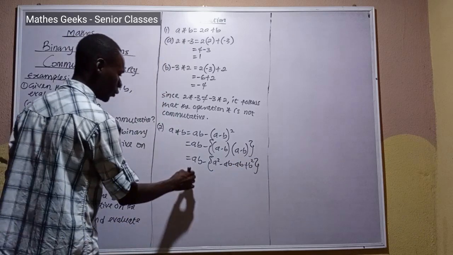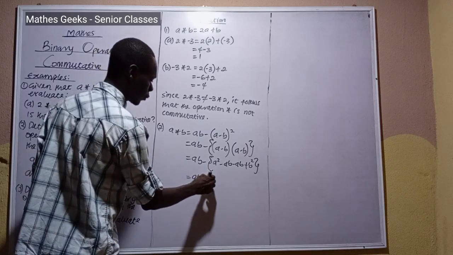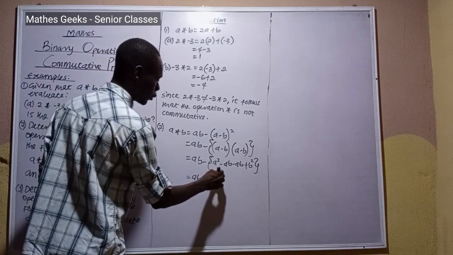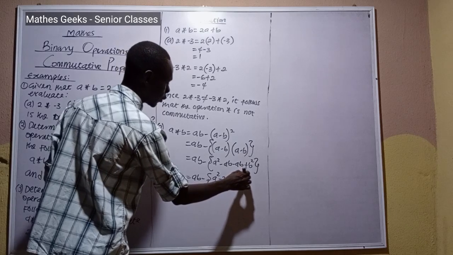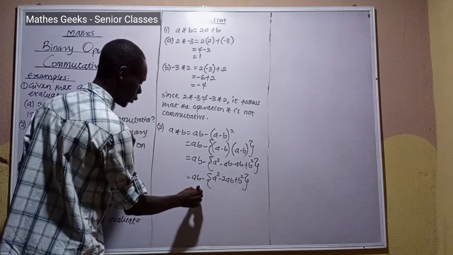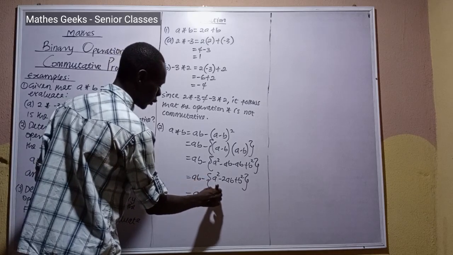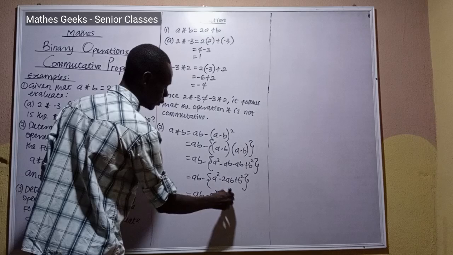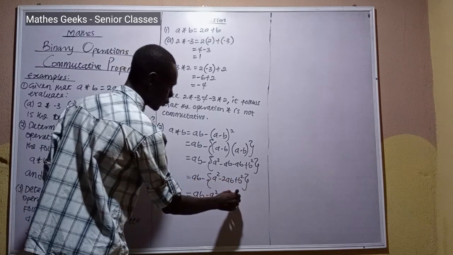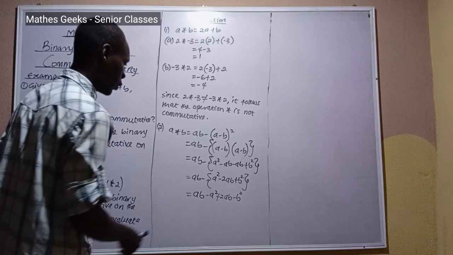And this will give us AB minus A squared plus 2AB minus B squared. So what do we notice?